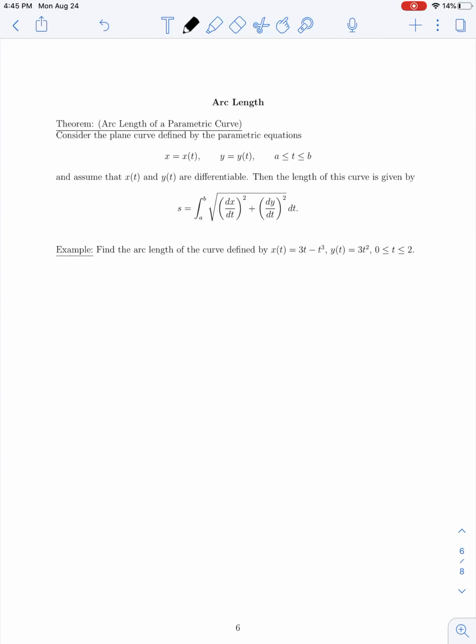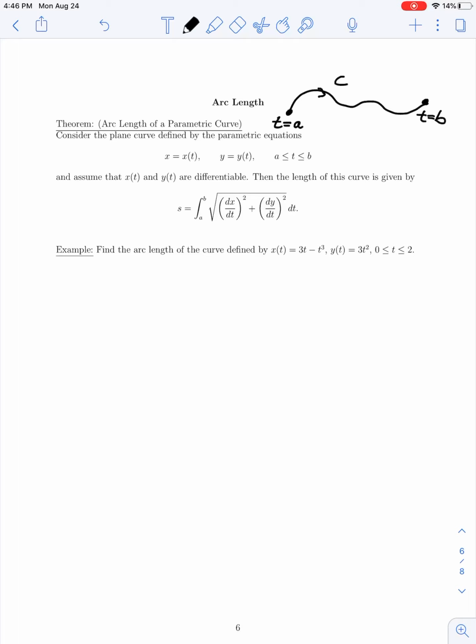Now, in the next part of this section, we'll talk about calculating the arc length, or total length of a parametric curve. So let's suppose that we have some parametric curve C, where our initial point corresponds to t equals A, and our terminal point corresponds to another value, t equals B, and we want the total length of this curve.